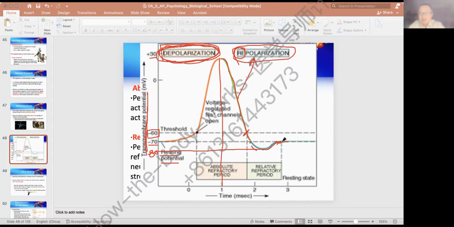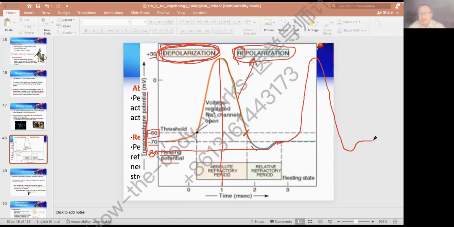Then it will be excited again to minus 60, depolarize to positive 30, then go down in repolarization, go further to almost minus 80, and return to minus 70 MV.